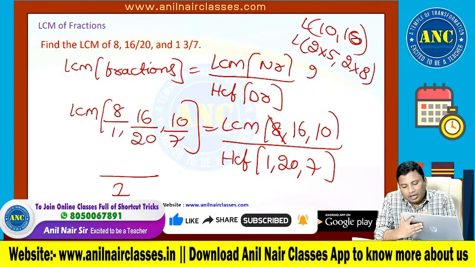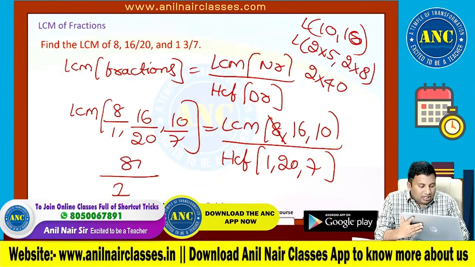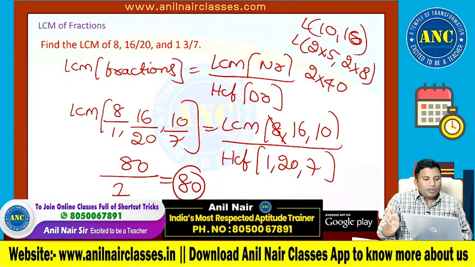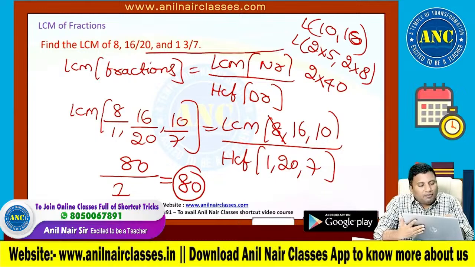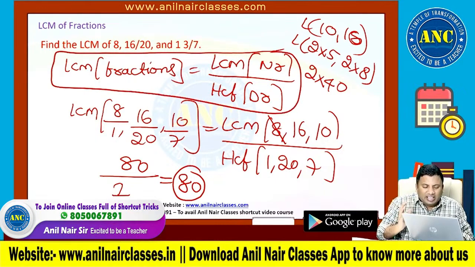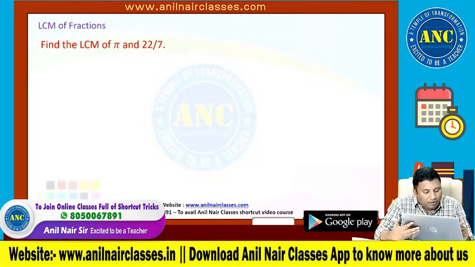So this will become 2 into 8 5s are 40. Answer is 80 by 1, which is 80. LCM of fractions is LCM of numerator by HCF of denominator. Very easy question. I don't need to spend too much time on this. Next onwards, every question is a beautiful question.